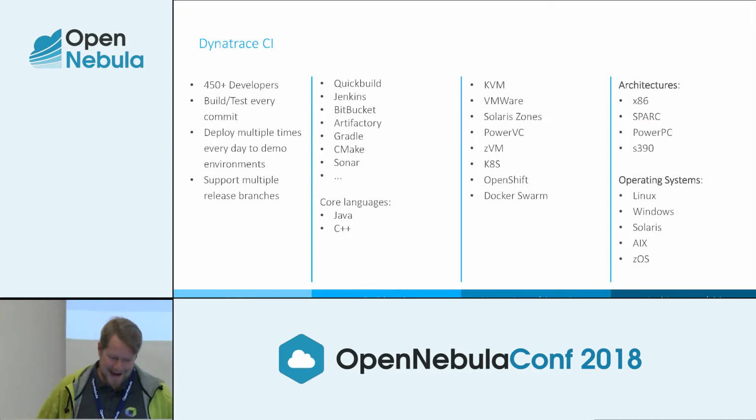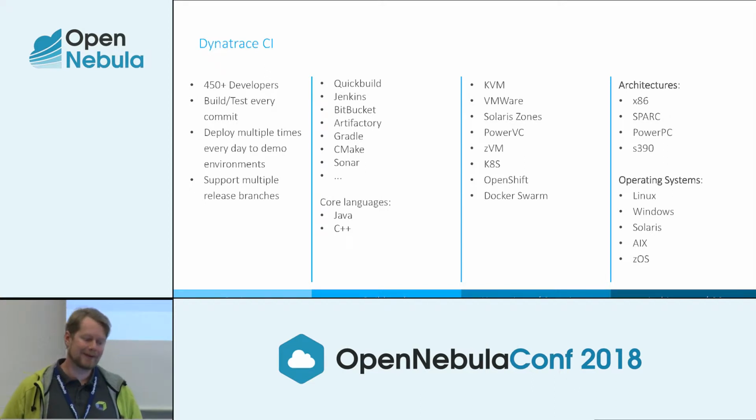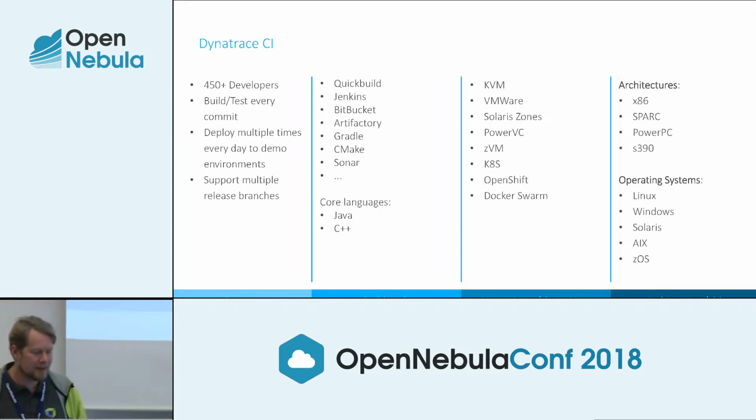The special point about our CI is maybe that we really need to cover a lot of different architectures. We have KVM, we have VMware, we have Solaris Zones, we have PowerVC, we even run a mainframe, and we have Kubernetes and OpenShift as well.